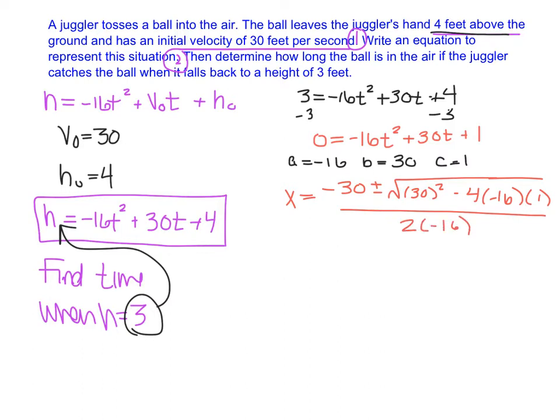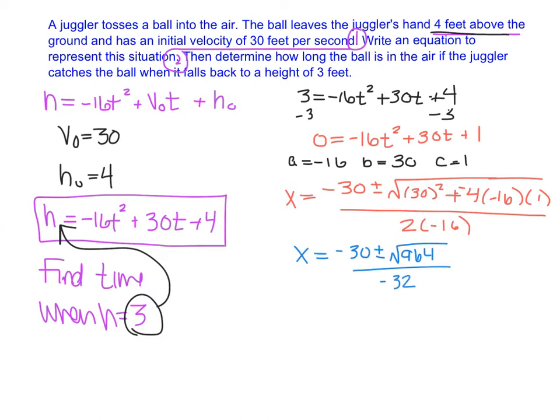I'm going to use keep change here because that's just easier for me so I don't make an error. Now that I've substituted, I'm going to simplify the part underneath the square root. So I have x equals negative 30 plus or minus the square root of 964 all over negative 32.